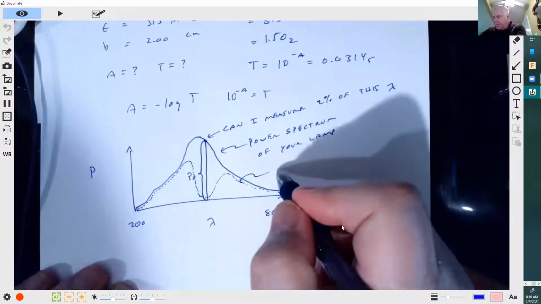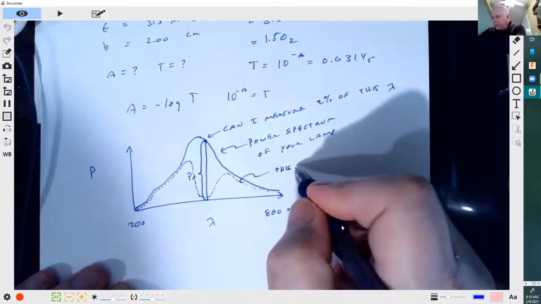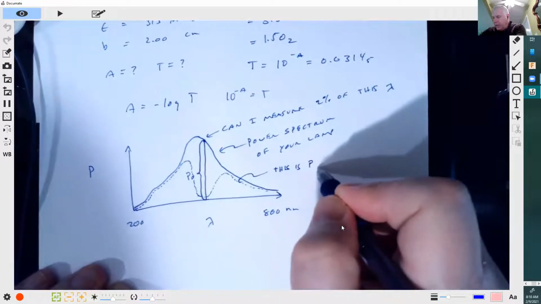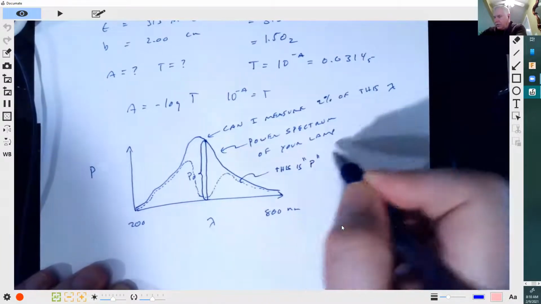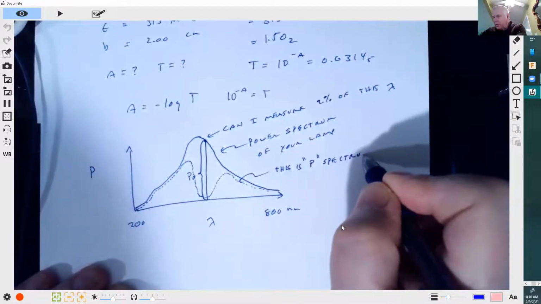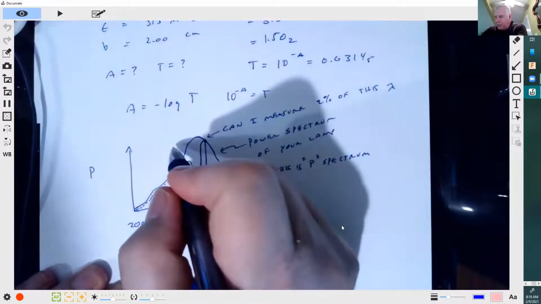Then this is the P spectrum, and this is the P0 spectrum.